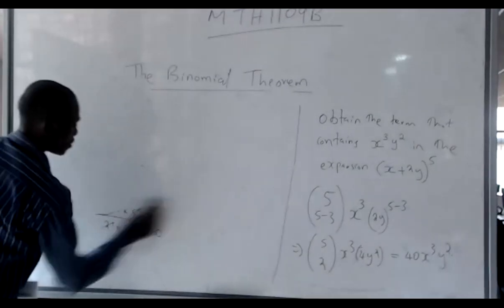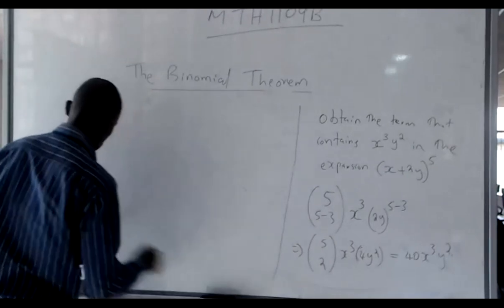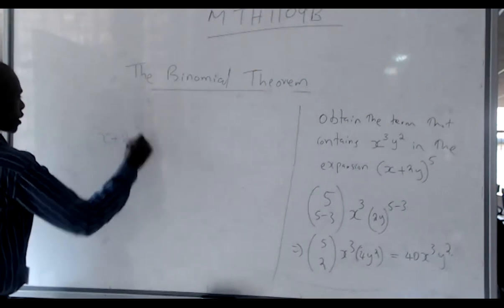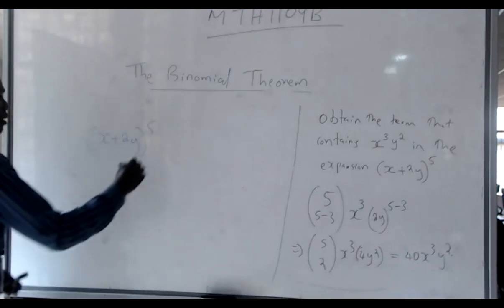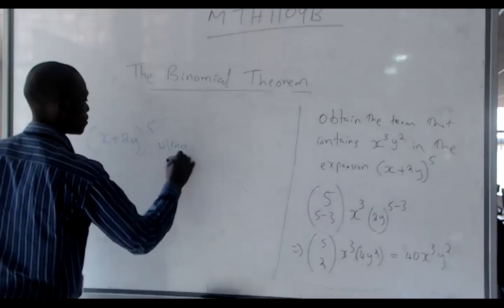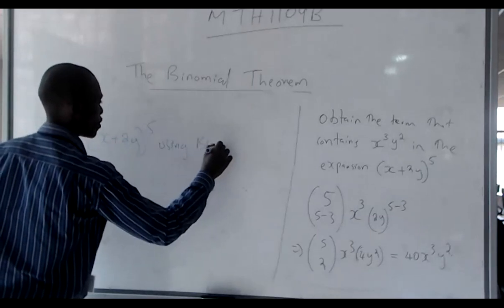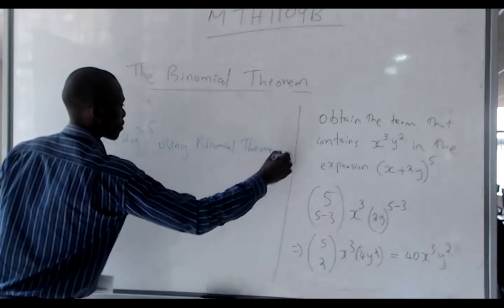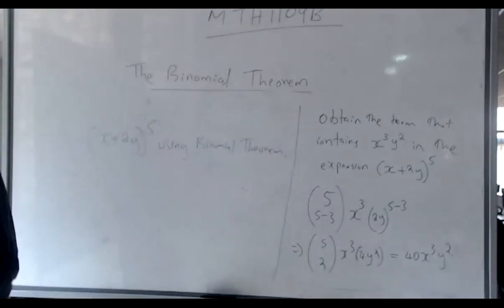Now it's you guys to tell me what to do. I want to expand x plus 2y to the 5 using binomial theorem. What must I do? Tell me what to do.